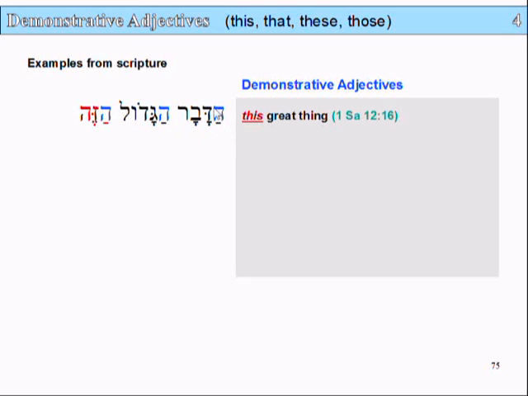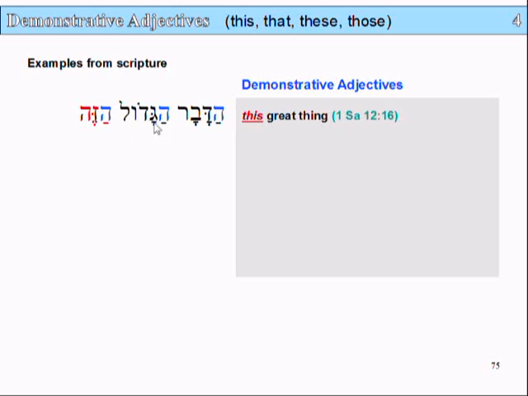So we have the hey, meaning the definite article. That means the word, the thing. And so the adjective has to agree with it. It has to have the same hey at the front of it, and so does the demonstrative here. It also has to have the hey, and it has to be the same gender and number.